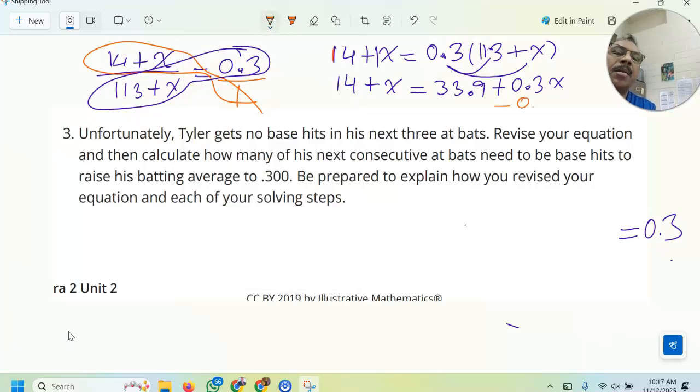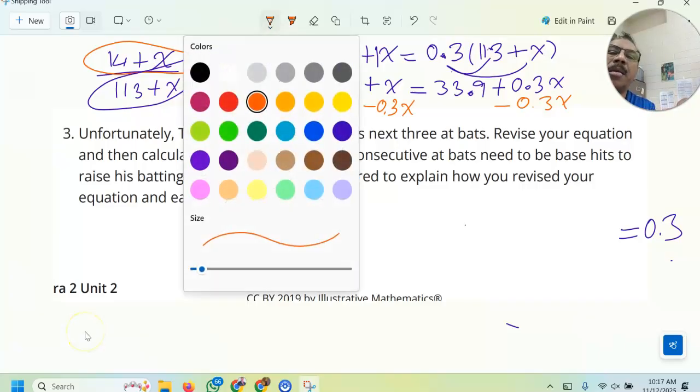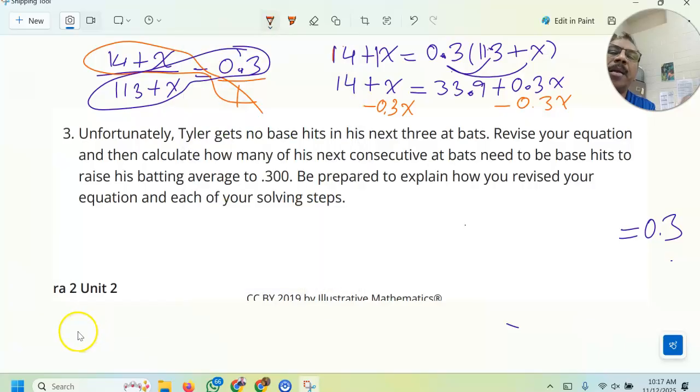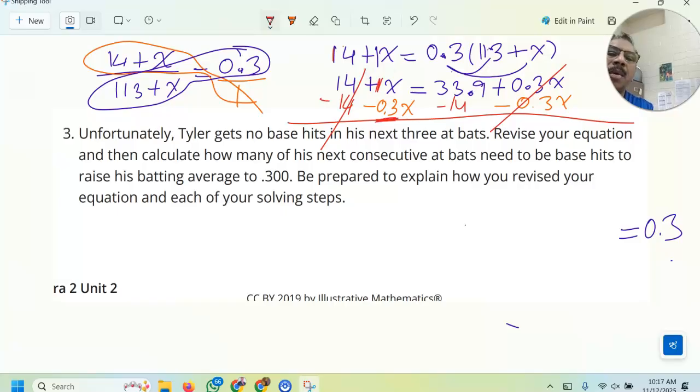Okay. And subtract 0.3x this side, 0.3x this side. And at the same time, I'll also do one more step right there by subtracting 14 this side and 14 this side. So when you work this out, this crosses out. And this is 1. So from 1, you take away 0.3, it will be 0.7x.